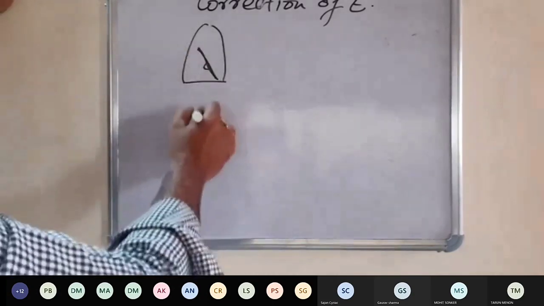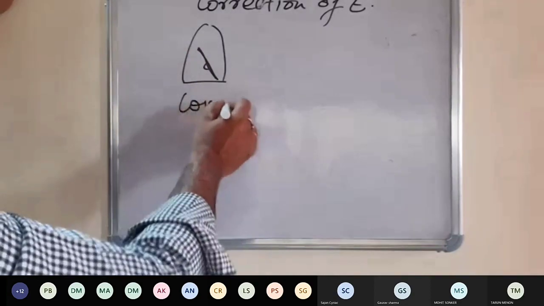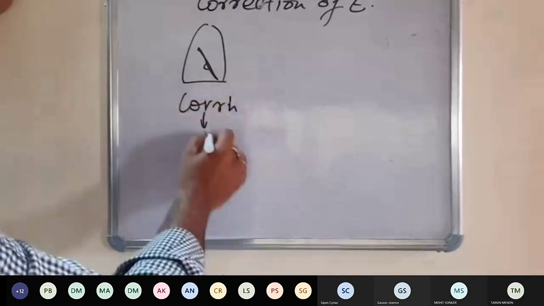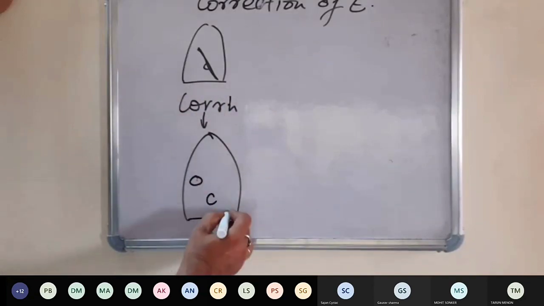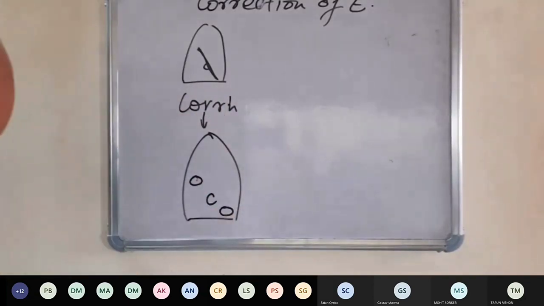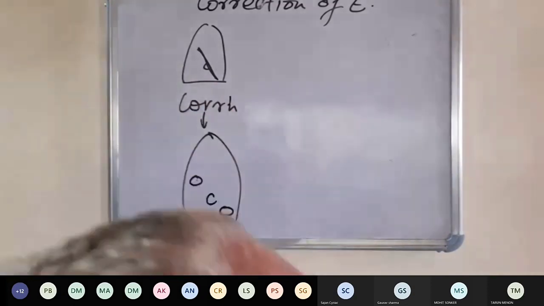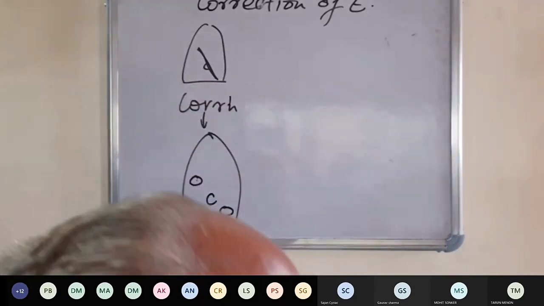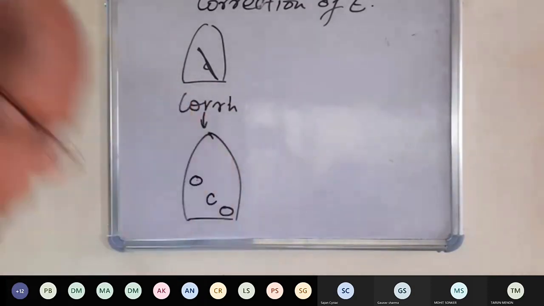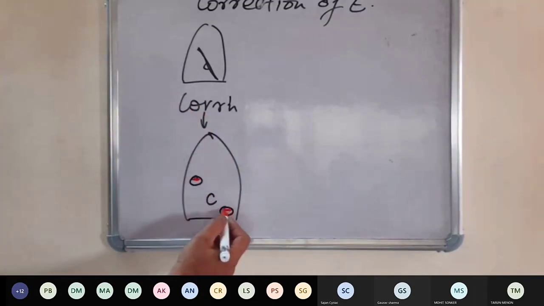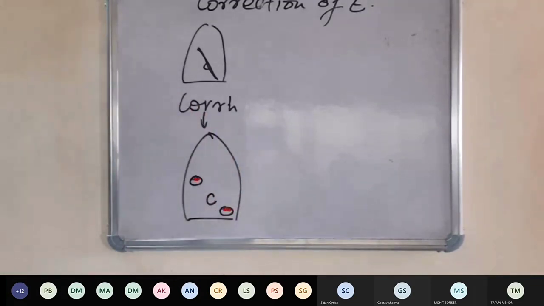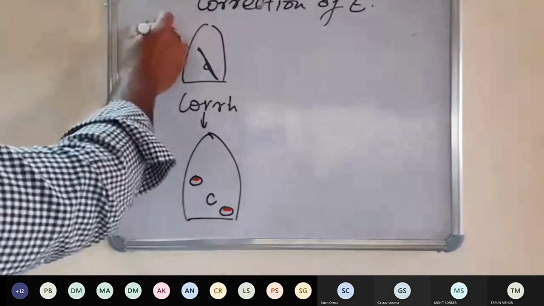So what we do, correction will be done by placing the soft iron like this. Red pen किधर गया? Like this. This is for positive E.